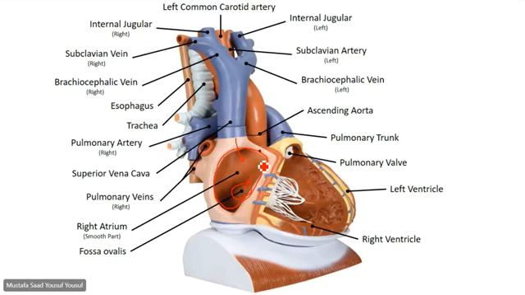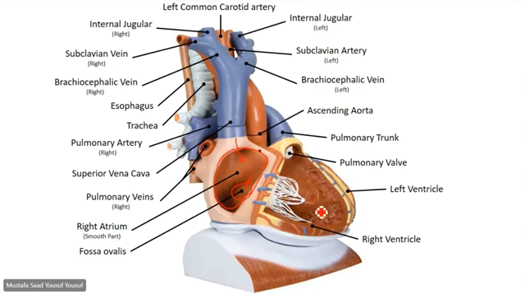The rough, trabeculated part contains muscles called pectinate muscles. These are the two parts of the right atrium. They are separated by a sulcus on the outside and a crista on the inside. We will see them in the coming slides.